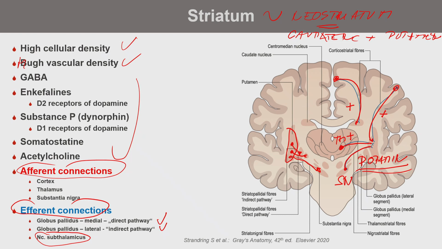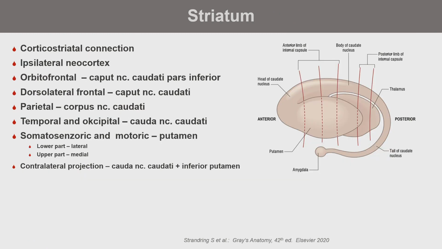The direct pathway is to the globus pallidus, and indirect is over the subthalamic nucleus. We will have once more these relations in the impairment.